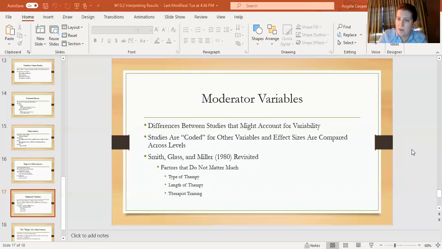They saw that the type of therapy, the length of therapy, and the therapist's training didn't really matter that much. So you always have these moderator variables that, even though they're present, they don't really matter that much.